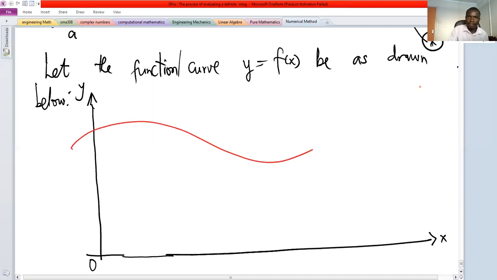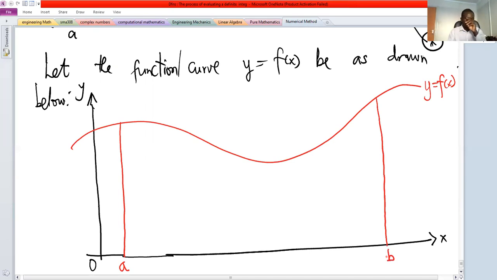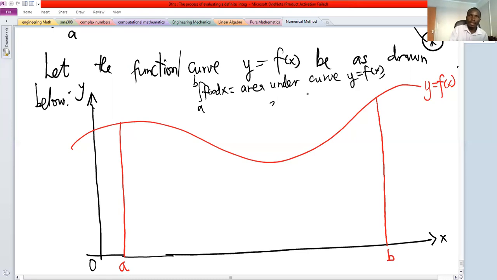Let this be the function for the curve y equals to f of x, an arbitrary curve. So the interest is to integrate from a to, say, let b be this point here. So integrating a to b of f of x dx is the same as the area under curve y equals to f of x, line x equals to a, and x equals to b. It's like finding the area under this graph.